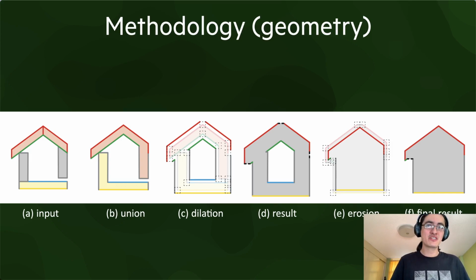So what Shores did was to do a union of the elements and then dilate them, like mathematical morphology, to increase their sizes a little bit to get a closed volume. This gives you what you see in D, and then you erode it, shrinking the resulting volume a bit to get something closer to the original geometry. Finally, based on the geometry that you get in F, you do the same kind of semantic labeling to extract what is a roof, what is a wall, what is the ground, and so on.